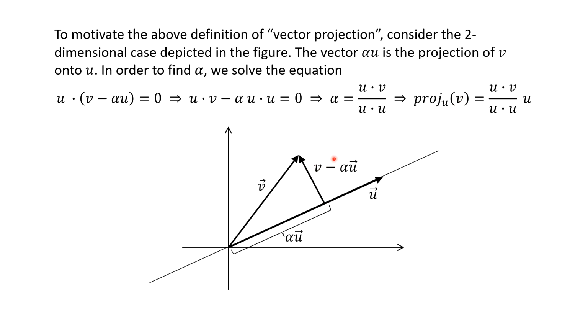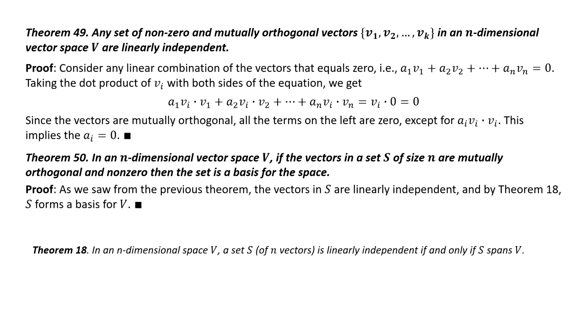Okay, so let's continue. We have a couple of theorems, short to prove, on this slide. Any set of non-zero and mutually orthogonal vectors in an n-dimensional vector space is linearly independent. So consider any linear combination of vectors that equals 0. We have this here.